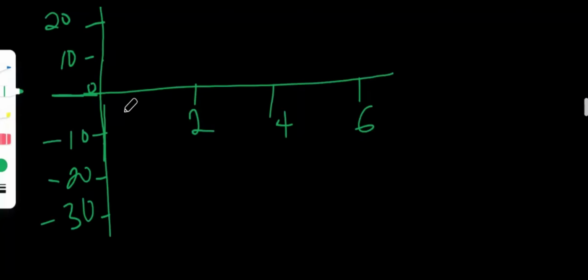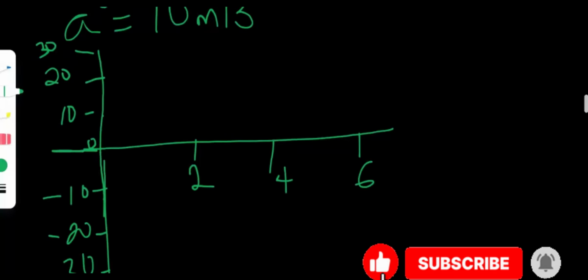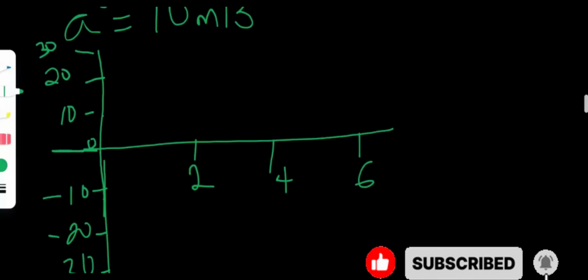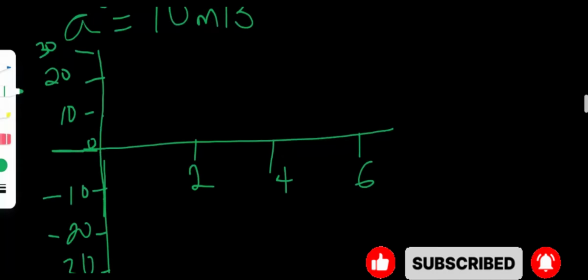Like I mentioned before, the resulting velocity versus time graph is a linear line with a negative slope, since the acceleration due to gravity points downwards. As the magnitude of the acceleration of gravity is 10 meters per second squared, the vertical velocity of the cannonball decreases by 10 meters per second every second.